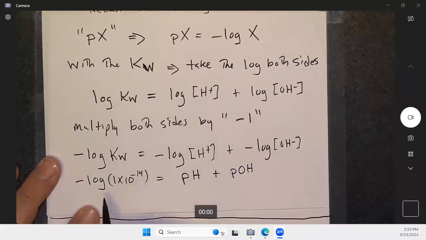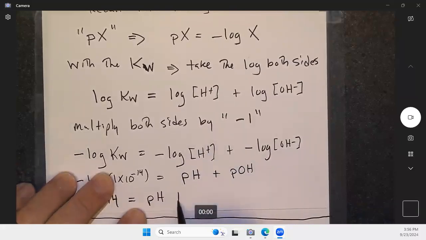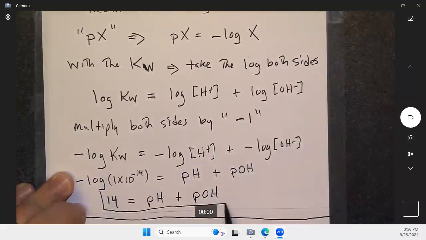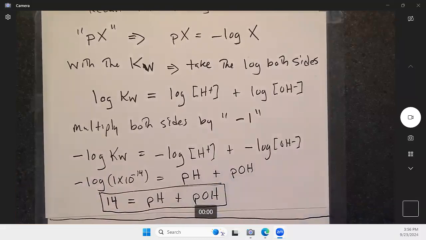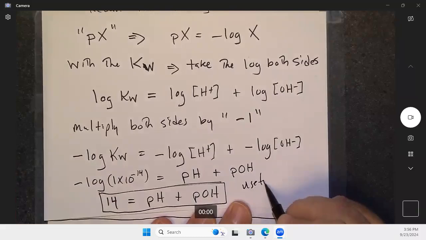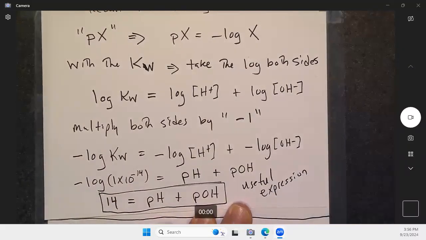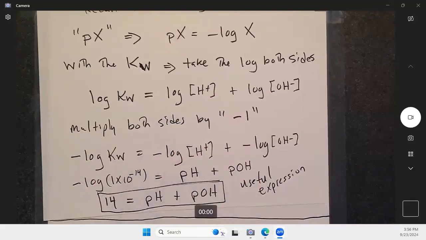So now this simplifies to 14 is equal to pH plus pOH. And that is a very useful expression. And it holds as long as we're at 25 degrees C.